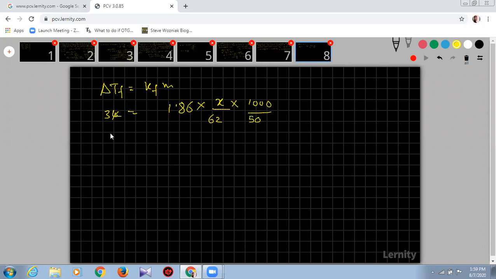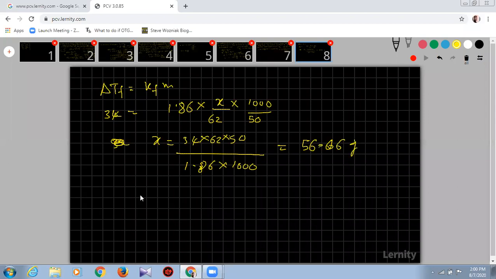So 34 is equal to that. If you want to calculate x, x is equal to 34 into 62 into 50 divided by 1.86 into 1000. Okay, so it will come around 56.66 grams. This is the weight of the ethylene glycol.